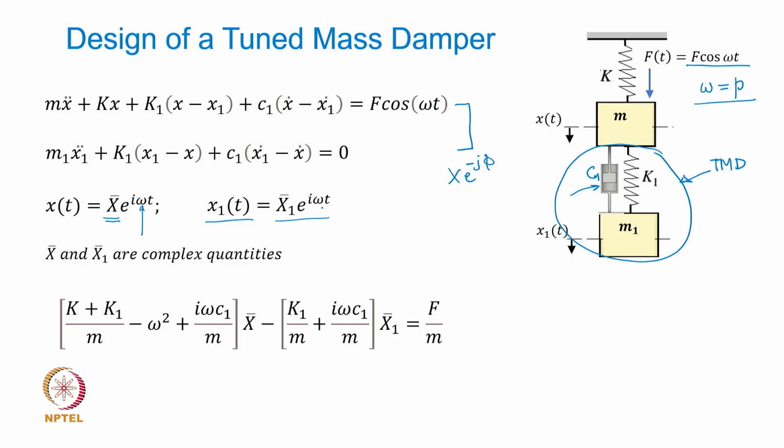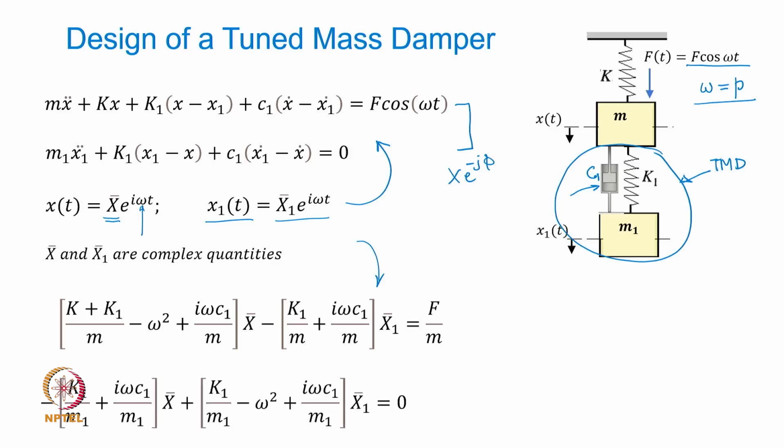Okay. So I'm going to now just jump onto these equations without actually fully solving it, because we have a lot more to learn from these equations than just to derive them. I think it is quite a straightforward exercise to substitute these into this equation and simplify it to get this equation. We haven't really reached the final expression for x bar or x1 bar. But when you substitute these assumed solutions in the governing equations of motion, you get these two equations.